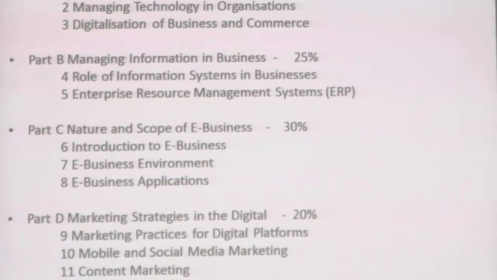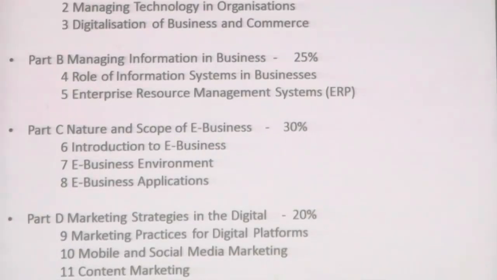If you look at these 4 parts in brief, the first part focuses on business strategies, the strategic level. The second is how to manage information. The third is e-business. The 4th is marketing.